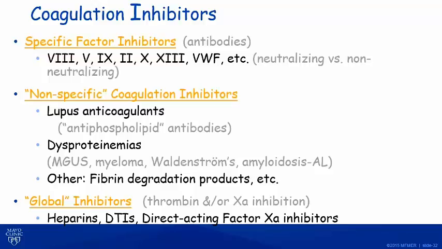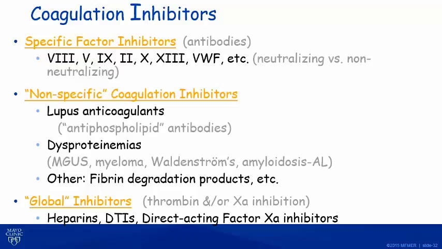Dysproteinemias, monoclonal gammopathy, myeloma, Waldenstrom's, and so forth. Sometimes these antibodies can interfere with in vitro and sometimes in vivo coagulation, and then global inhibitors like heparin, direct thrombin inhibitors, and so forth. So there's your differential of inhibitors.